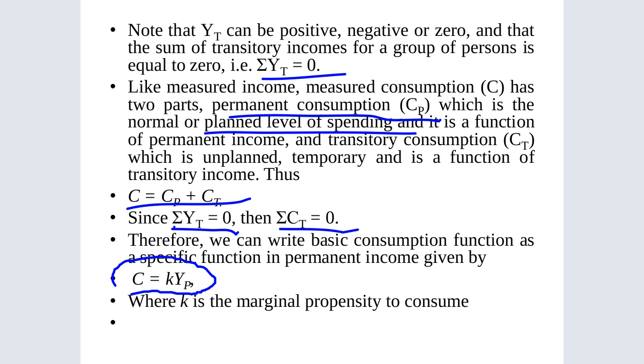If we rewrite our consumption function, we get this: consumption is a function of permanent income, and in this case K is the marginal propensity to consume.